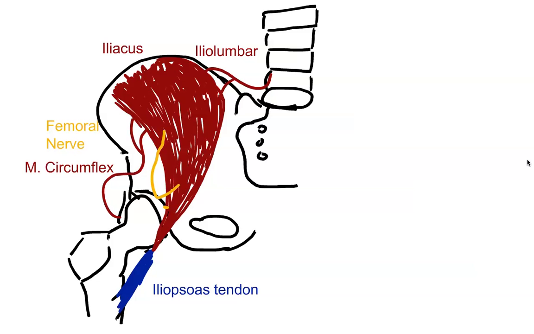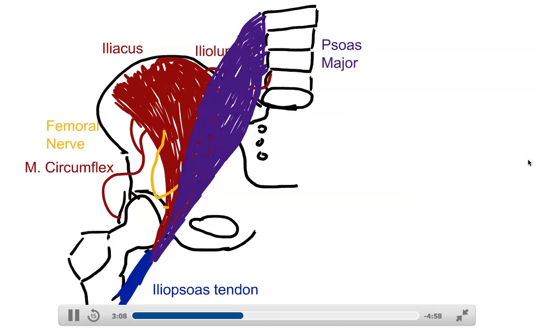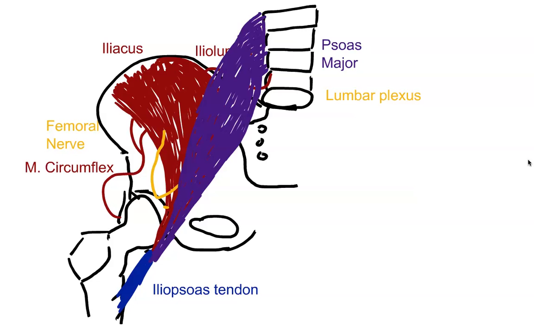The other muscle of the iliopsoas tendon is the psoas major, which begins by attaching into the lumbar vertebrae. Now, importantly and differently to the iliacus, the psoas major is supplied by branches from the lumbar plexus, unsurprisingly as it sits right next to it.